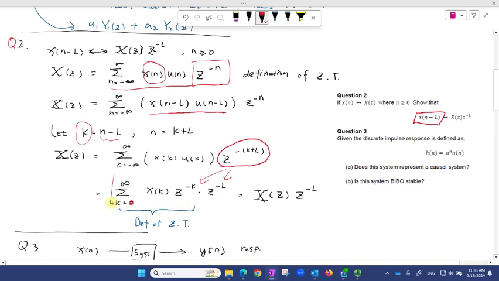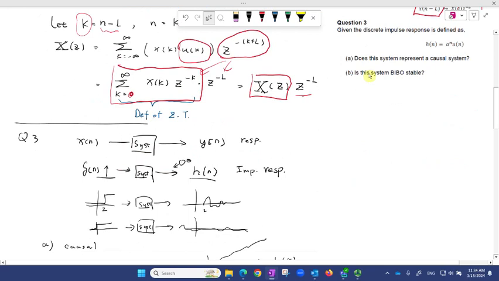And you can see this u[K] becomes 0 here. All this one is the definition of the transform. So this red box becomes this capital Z, this is the z-transform, and what is left is this one. It's proved, the time domain delay: you just multiply the original z-transform by z to the order of -L.